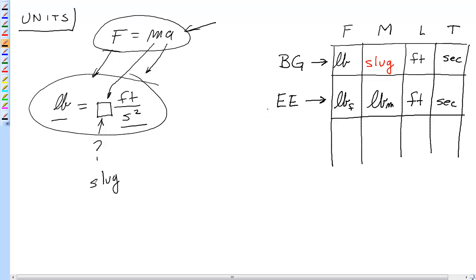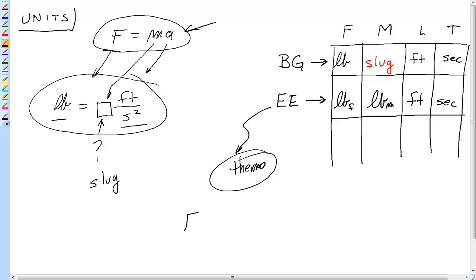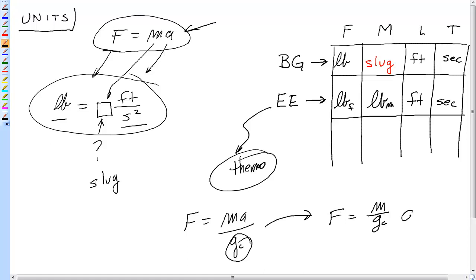One of the bad things, and this exists in thermo a lot, and it may have driven you crazy, is that it wasn't just F is equal to ma, but F is equal to ma over some constant conversion. You could have equated this to F is equal to m over g sub c times a.